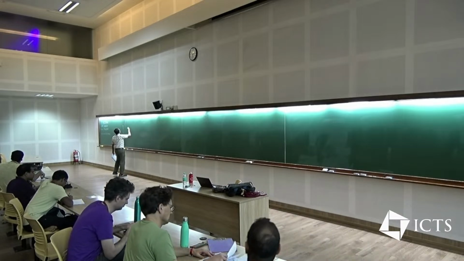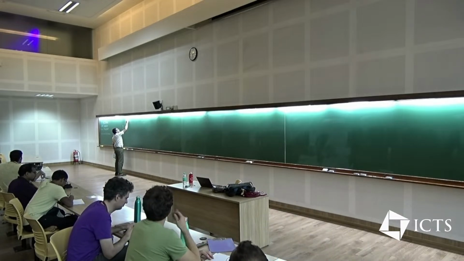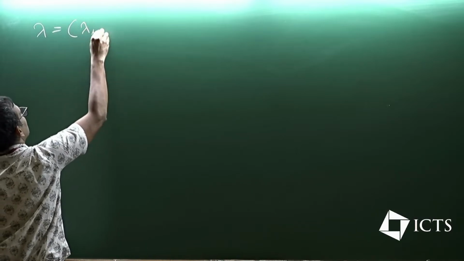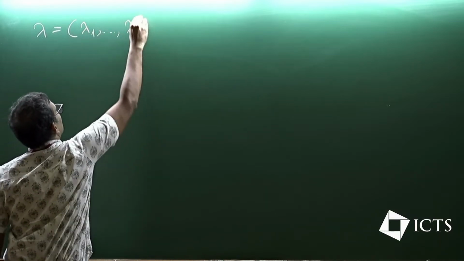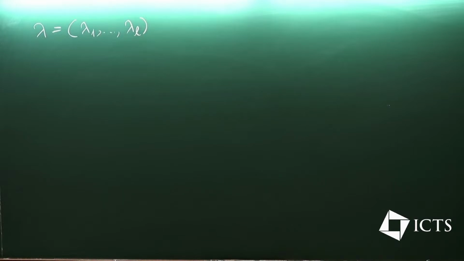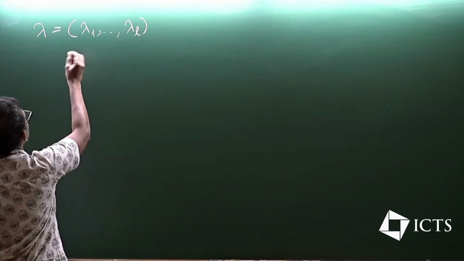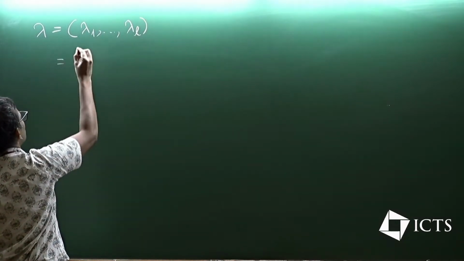Okay, so I'm going to write an integer partition as a weakly decreasing sequence of positive integers. There's another way to write it, called the exponential notation.